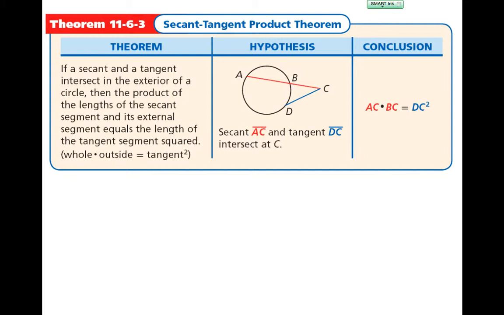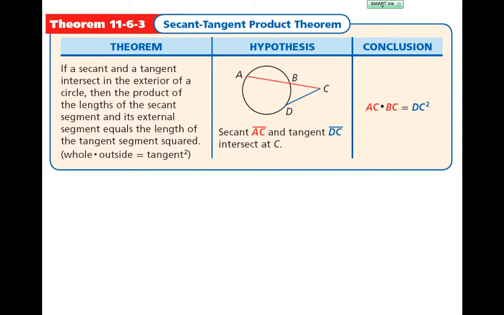So the wording says if a secant and a tangent intersect in the exterior of a circle, then the product of the lengths of the secant segment and its external segment equals the length of the tangent segment squared. On the wall, that's the third one down over there.